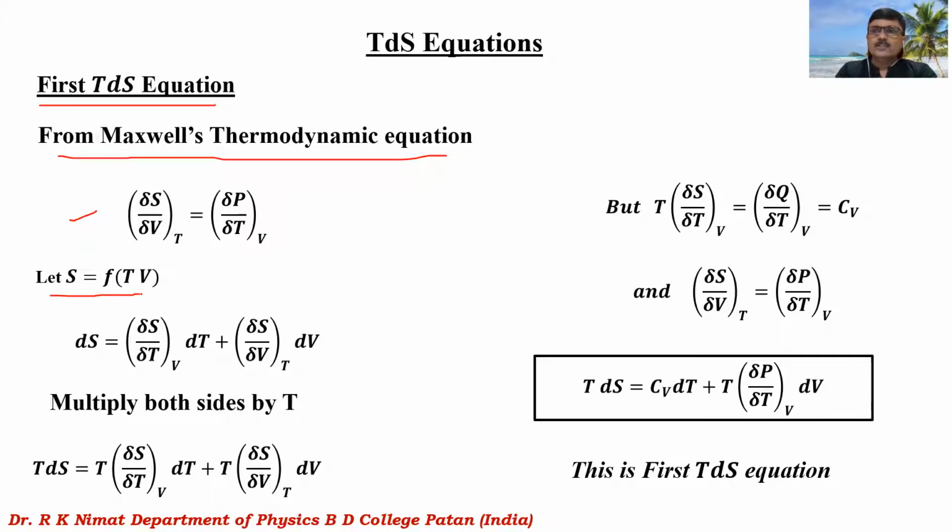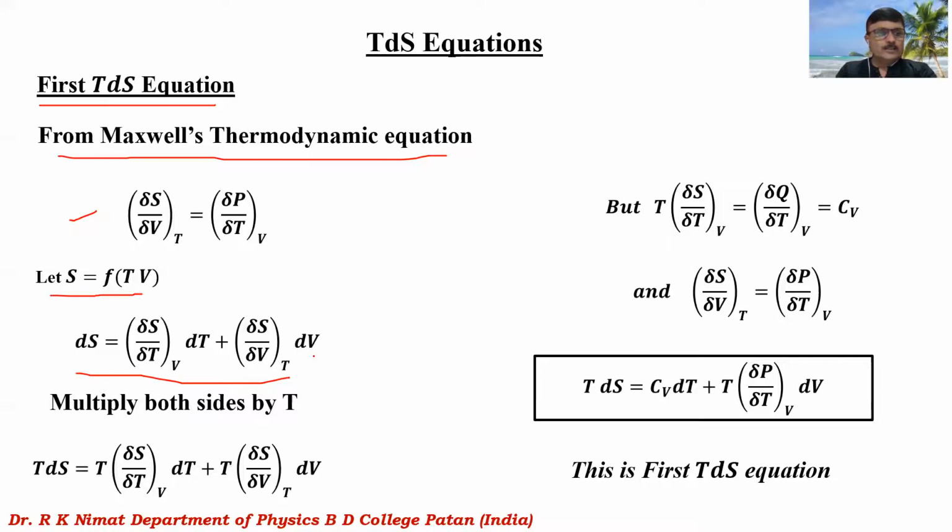Since the entropy is a perfect differential, or you can call it an exact differential, and it is a function of independent variables, temperature and volume, we can write using the condition of perfect differential: dS is equal to delta S by delta T at constant V into dT plus delta S by delta V at constant T into dV. This is the mathematical condition that we can write.